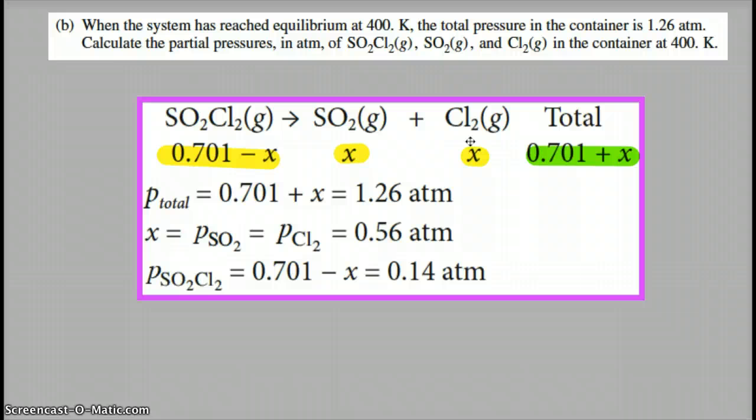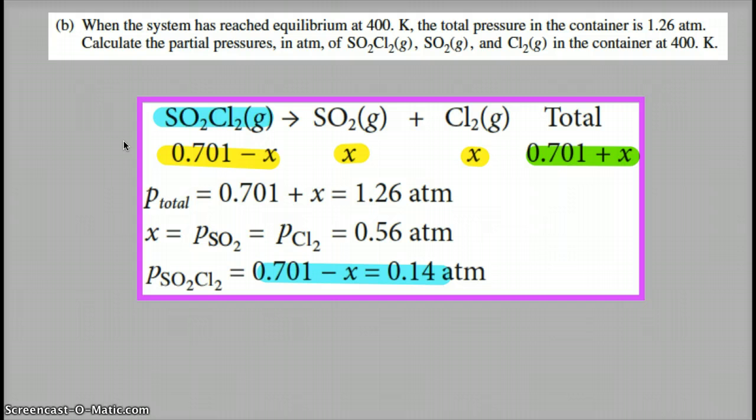And then 0.701 minus X, so 0.701 minus the 0.56 gives me 0.14 atmospheres for SO2Cl2.